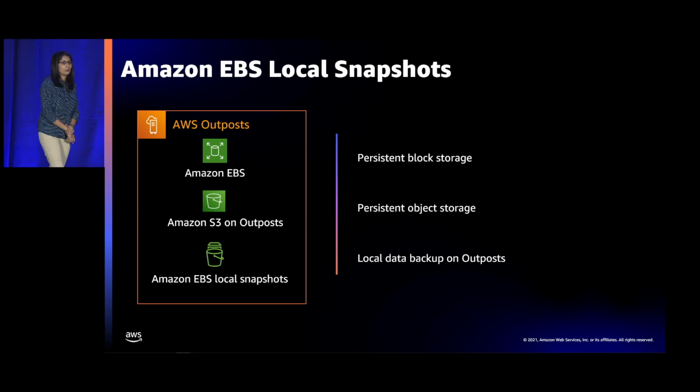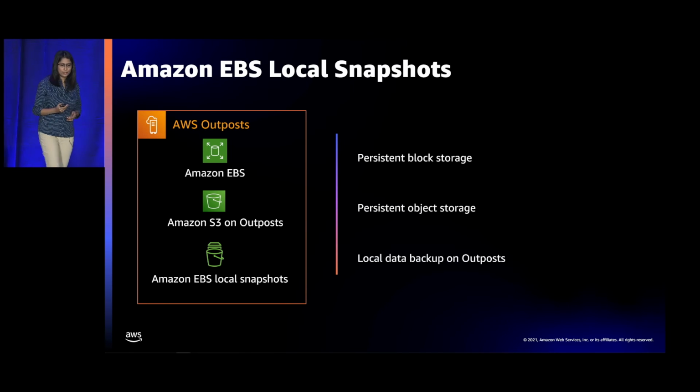We talked about how we can utilize block and object storage on Outposts. However, certain sectors of the industry, which are highly regulated sectors such as manufacturing, financial, and healthcare, require not only the primary data, but also the secondary, the backup copy, to be stored on-prem.